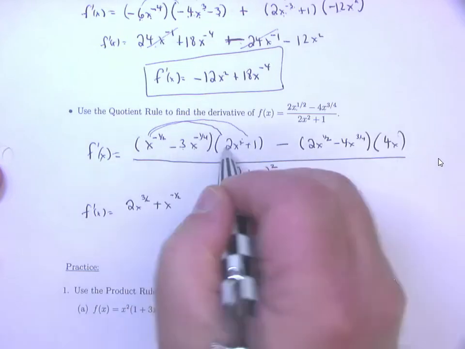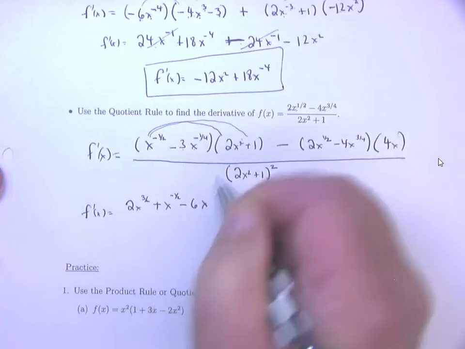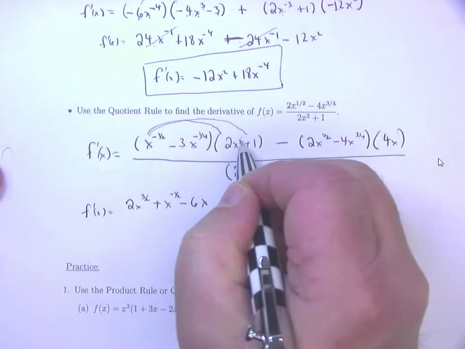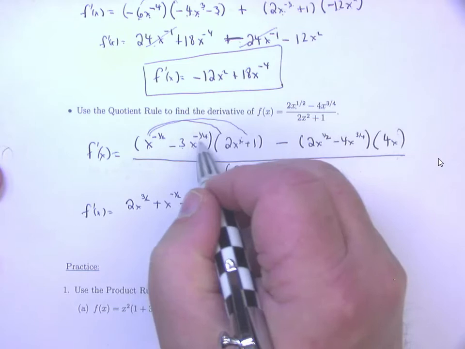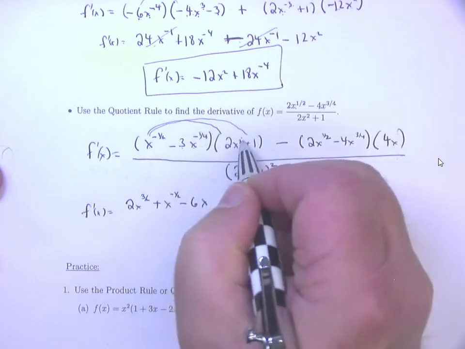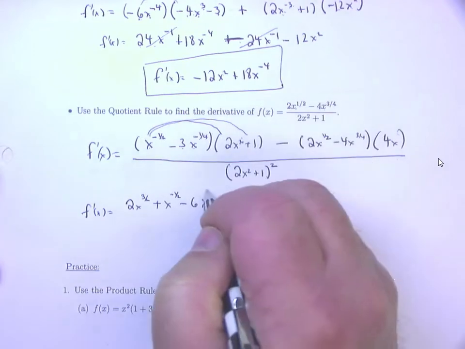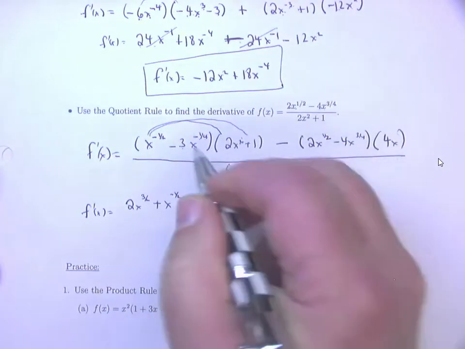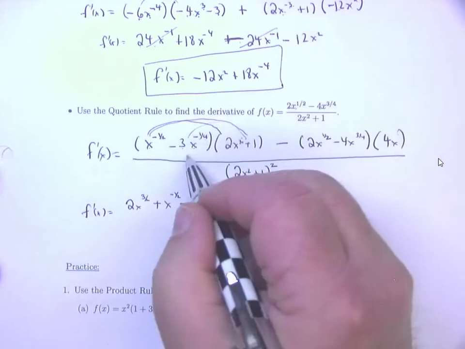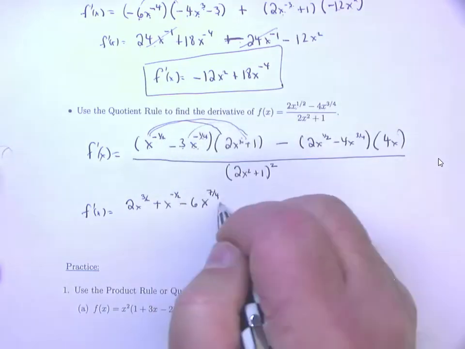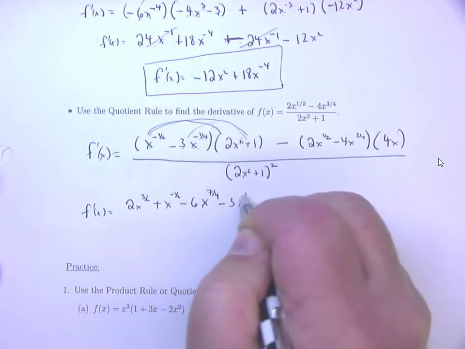Minus 3 times 2 is a minus 6. X to the negative 1/4 times an x squared, and when you multiply, add exponents. Negative 1/4 plus 2 is 1 3/4, which is 7/4. And then last, of course, negative 3x to the negative 1/4 times 1 is negative 3x to the negative 1/4.